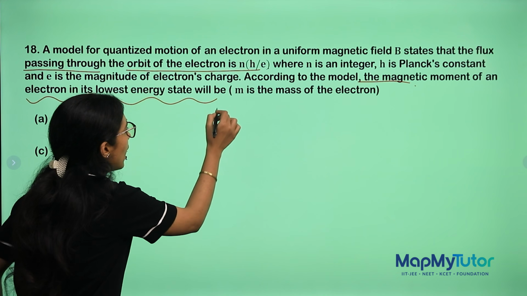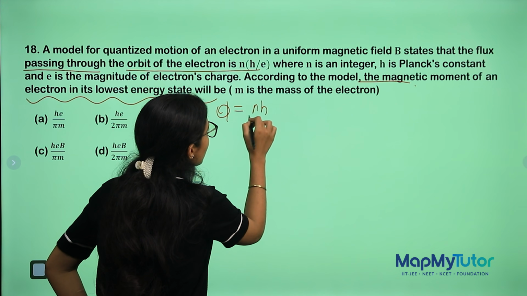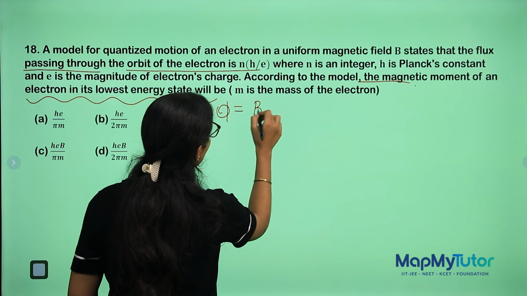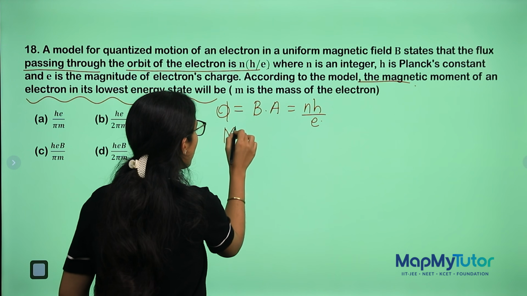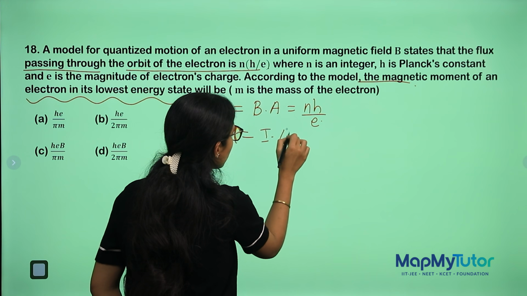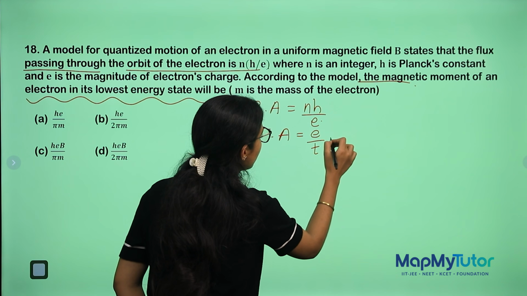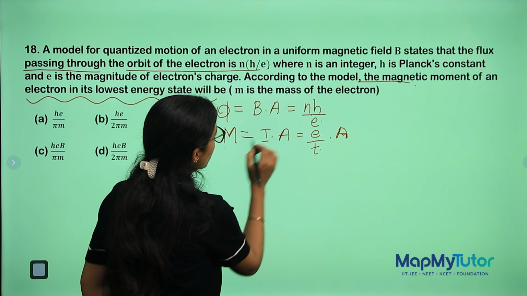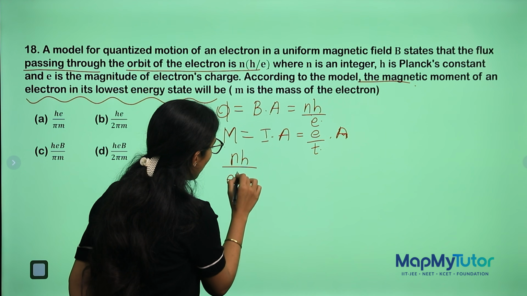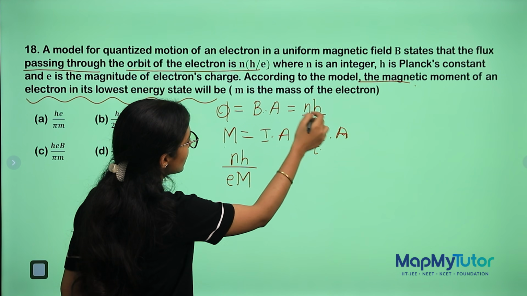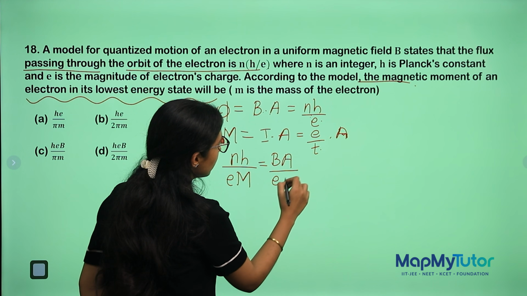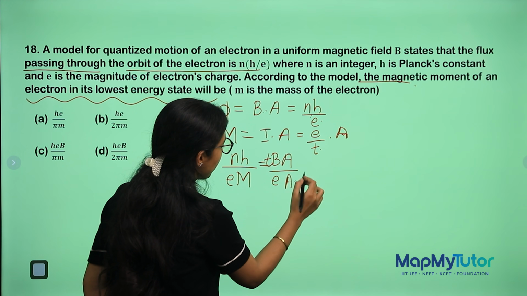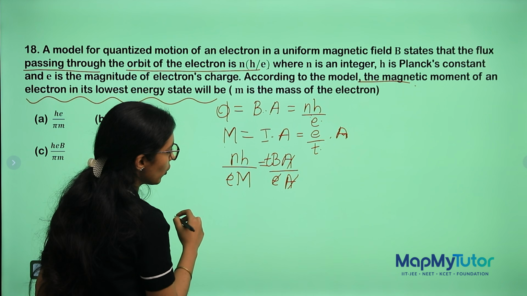Let's try to solve. I know phi equals nh by e, and phi equals B dot A. I also know M is IA, which is nothing but e by T times A. When I take the ratio of these, I get nh by eM, and on the other side BA upon eA by T. A will get cancelled, e will automatically get cancelled.